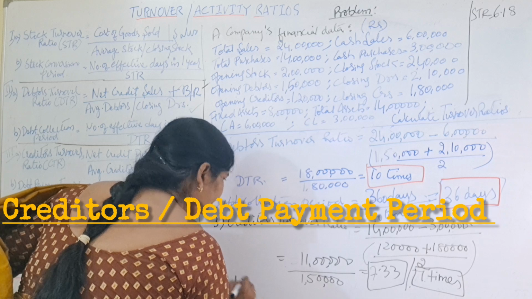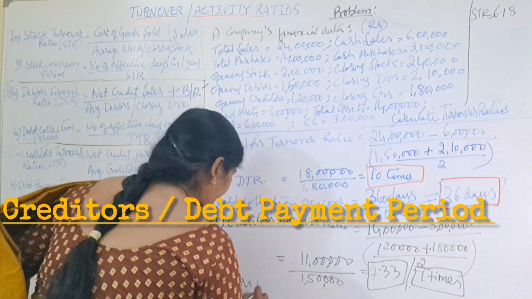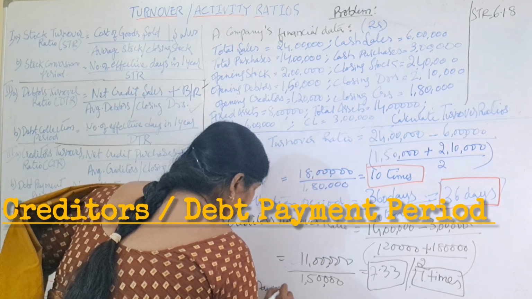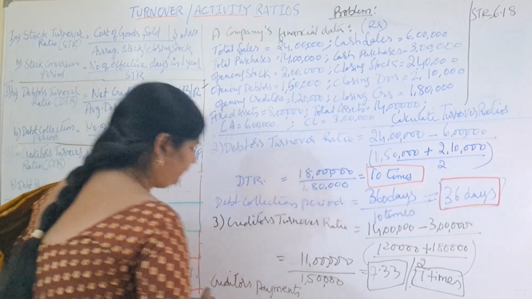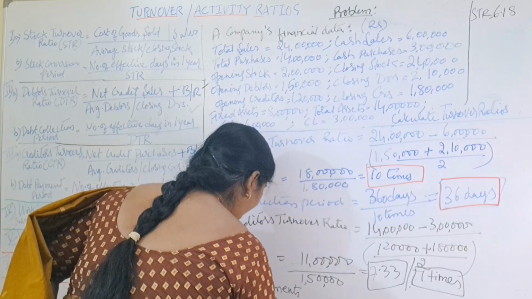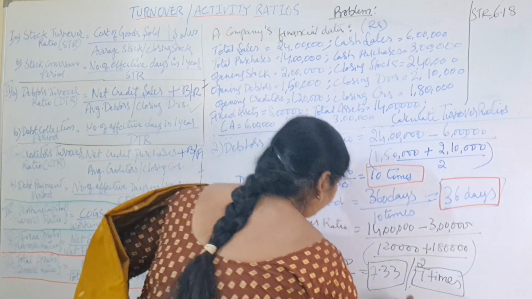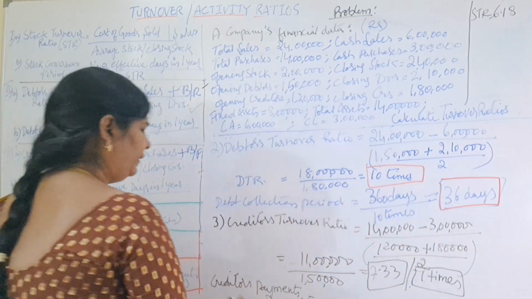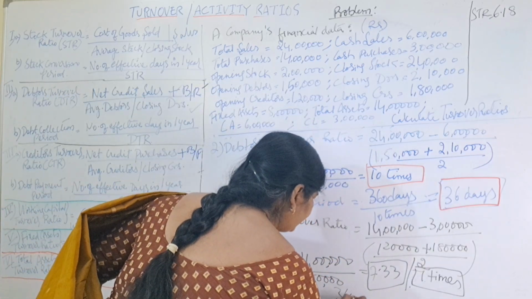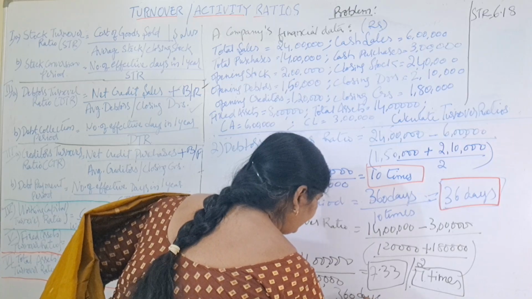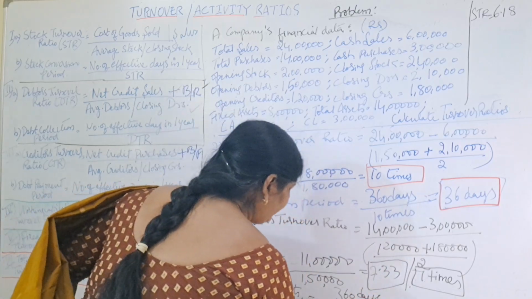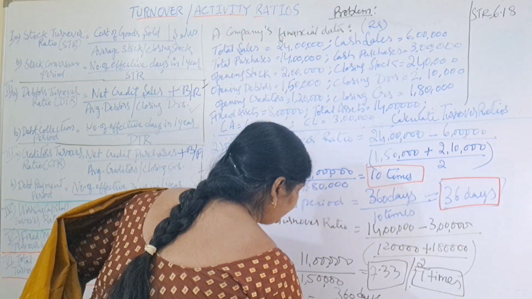Creditors payment period. What is the formula? Number of effective days in a year divided by CTR. So number of effective days in a year, 360 days, divided by what is our CTR? 7.33.